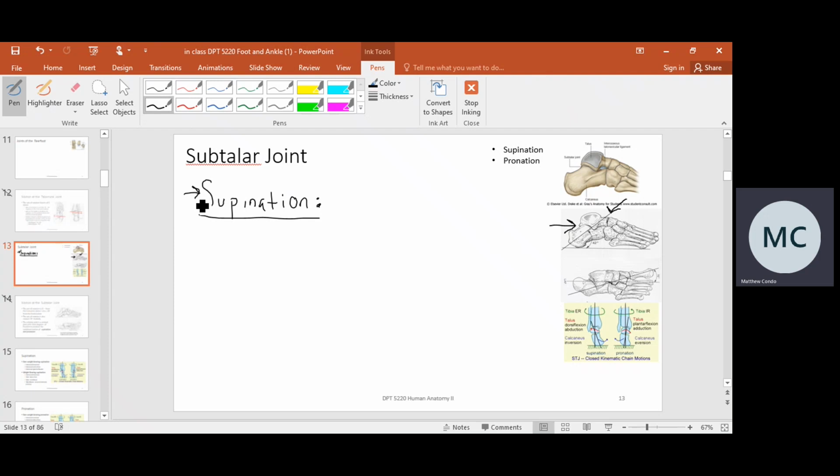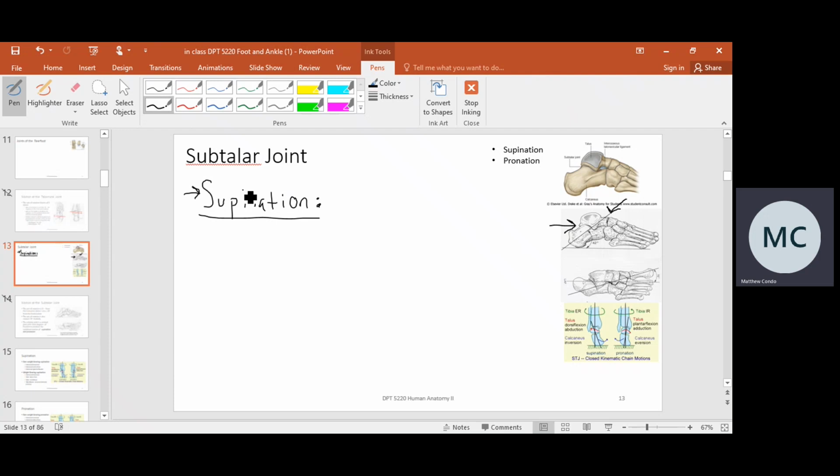Now, what we have to understand with supination is that supination is going to be a complex combination motion. Okay, so please do not think that inversion equals supination or eversion equals pronation. Okay, inversion is part of supination. Eversion is part of pronation. But there's other things that are happening as well.